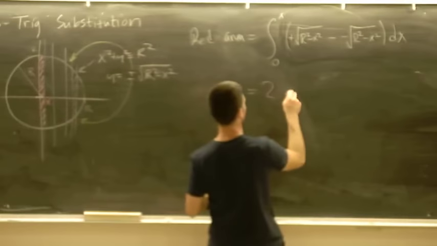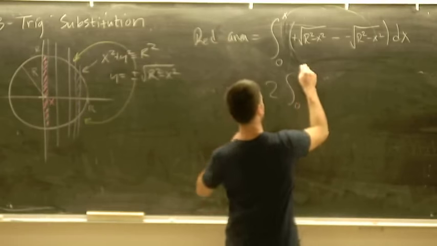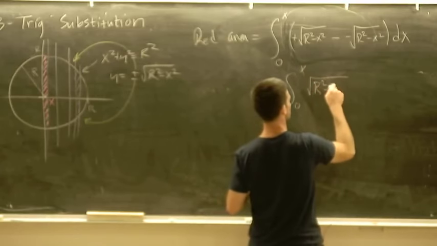So that's just the same as twice the integral from 0 to x of root r squared minus x squared dx.